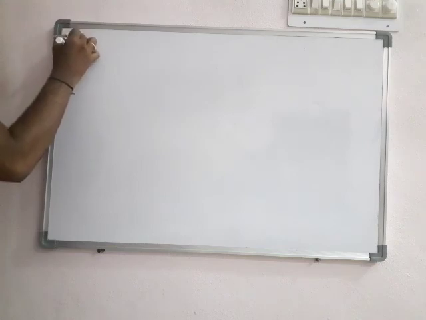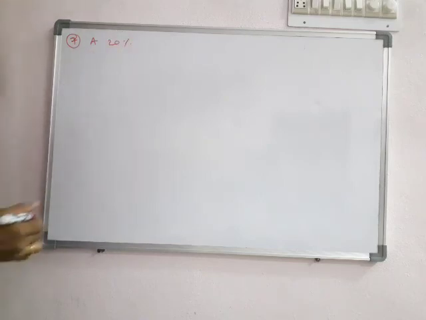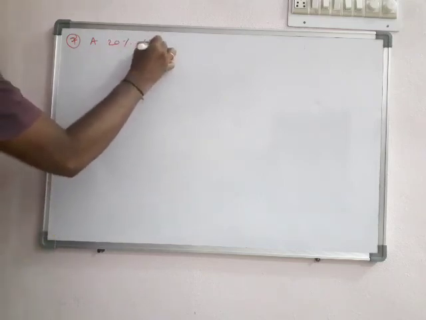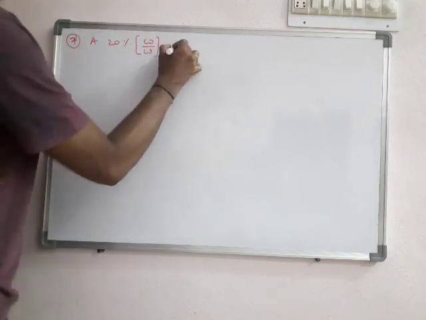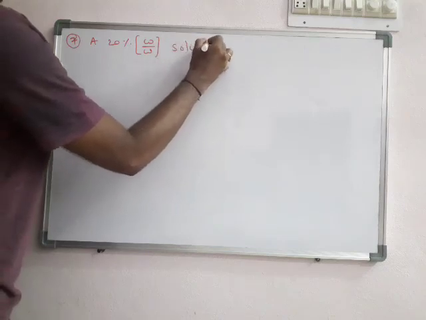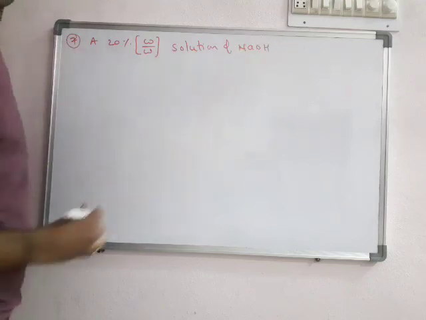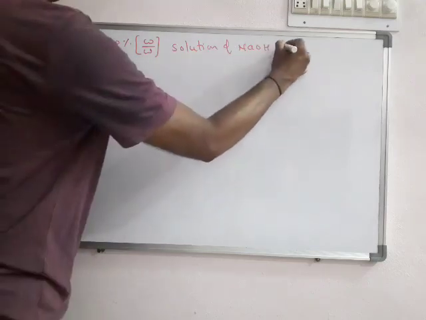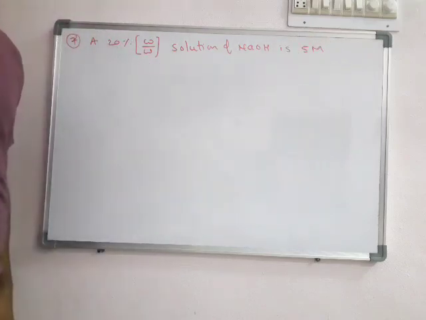So take one more problem. A 20% weight by weight solution of NaOH is 5 molarity, meaning the molarity of the solution is given.